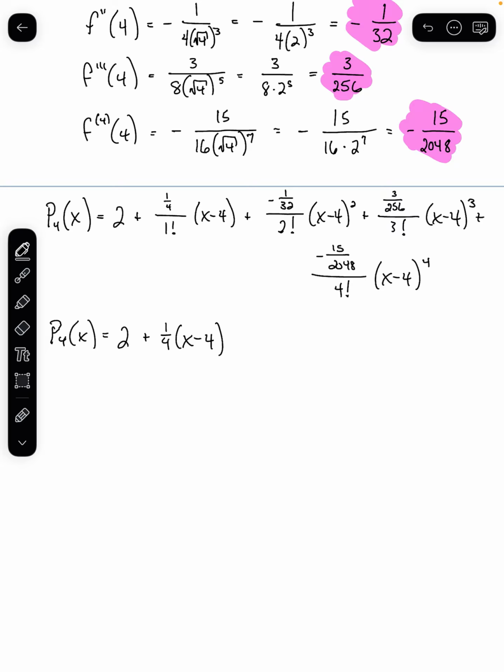So negative 1 over 32 divided by 2 is going to be 1 over 64. And I will make this a subtraction rather than addition of a negative. Three over 256 divided by 3 factorial would end up being 1 over 512.